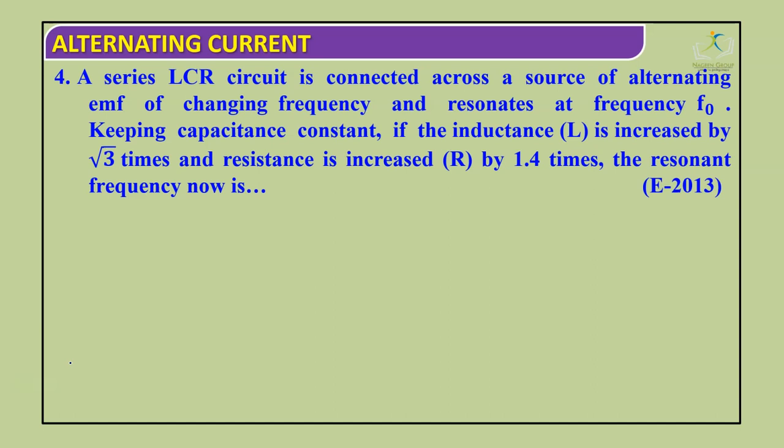If the inductance L is increased by root 3 times and resistance R is increased by 1.4 times, then the resonant frequency now is 3 to the power 1 by 4 F naught, root 3 F naught, (root 3 minus 1) to the power 1 by 4 F naught, and the fourth one is 1 by 3 to the power 1 by 4 F naught. This is the correct answer for this question.